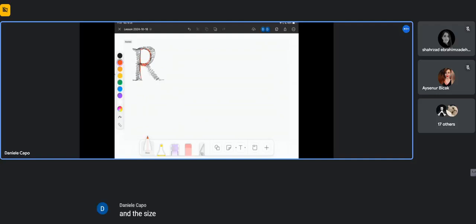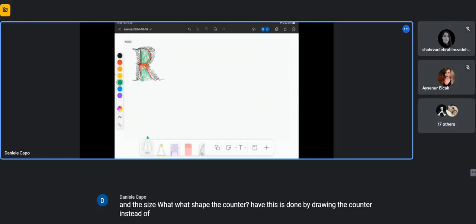And decide what shape the counter has. This is done by drawing the counter instead of the black part.